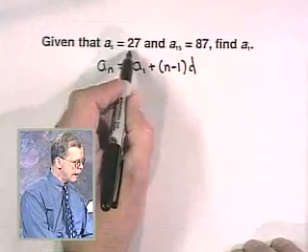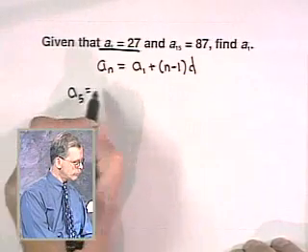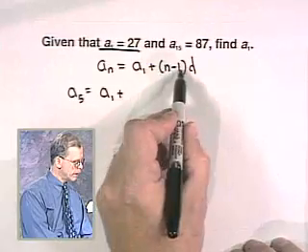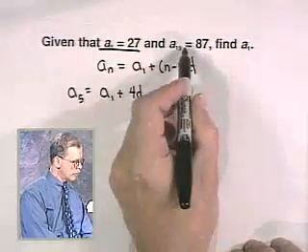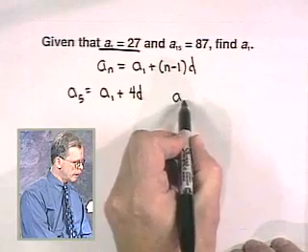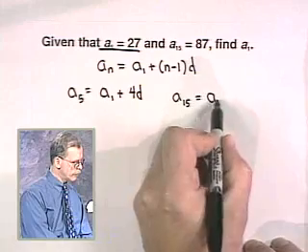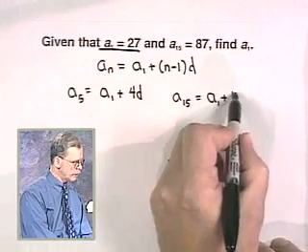For a5, a5 equals a1 plus 5 minus 1, which is 4d. We also know that a15, the 15th term, is equal to the first term plus 15 minus 1, which is 14d.